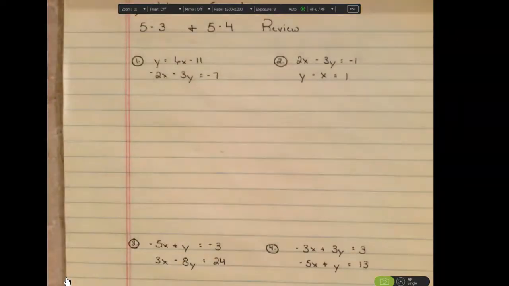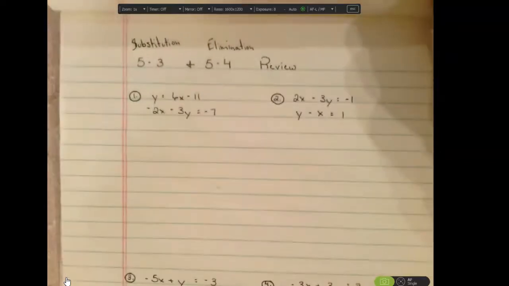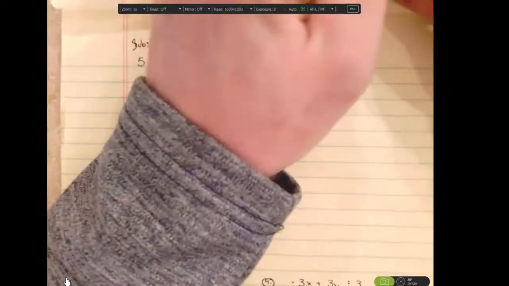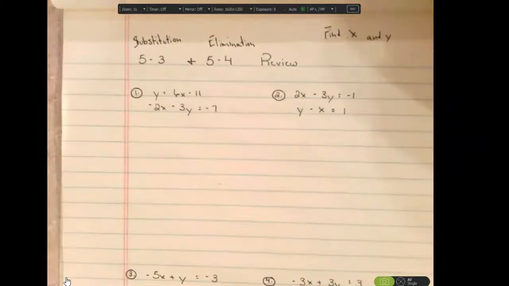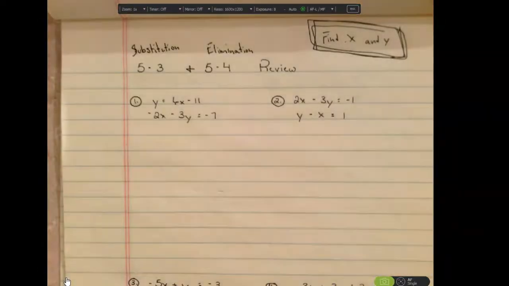We had one goal in all of this: to find x and to find y. My goal on every one of these problems is to have x equals something and y equals something.